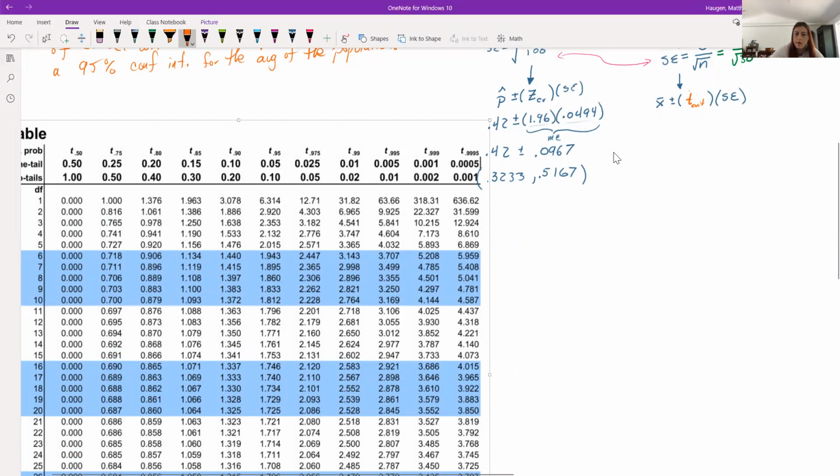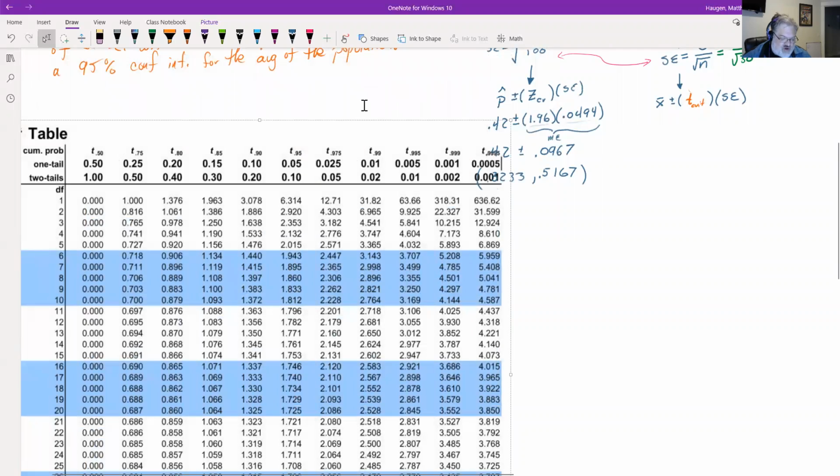So in a 95%, our one tail size is 2.5%, or two tails are 0.05. That's fine too. This 0.975 is that cumulative.